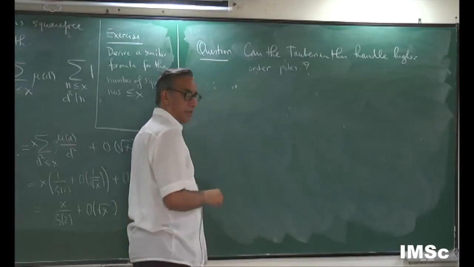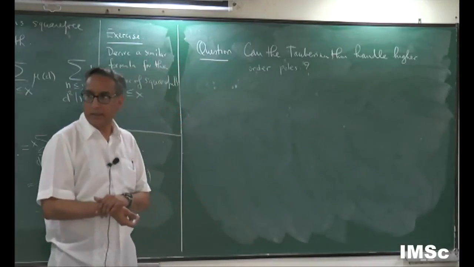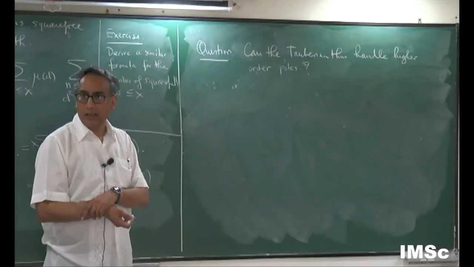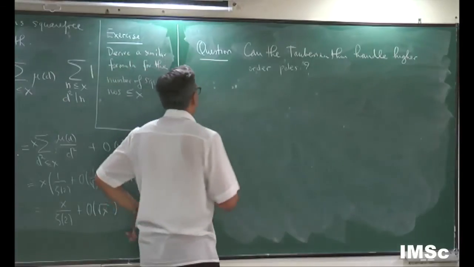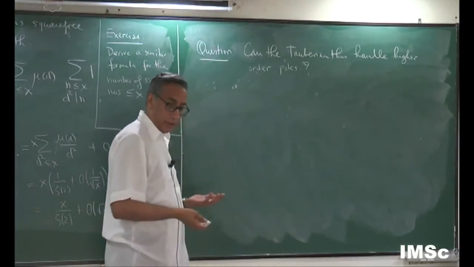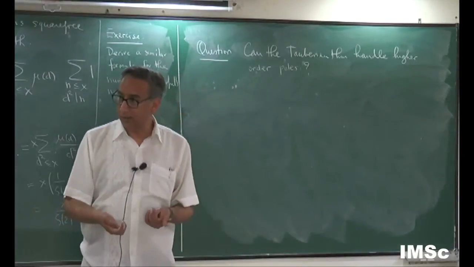Well, I'm going to say that it can, and you have to understand how to do it, though. That's all. So remember, there are these conditions about the application of the Tauberian theorem.